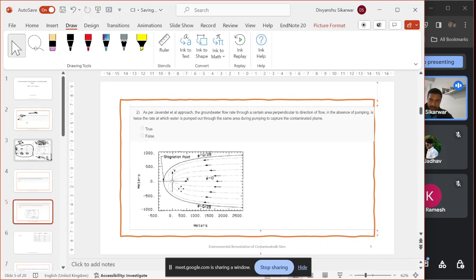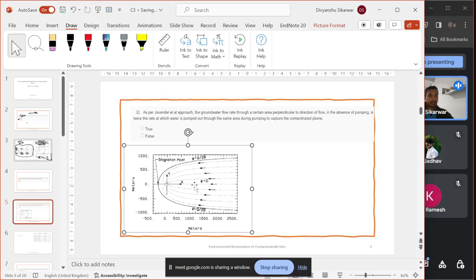So this is basically, if we are seeing the well from the top, so this is the well and this is the influence zone of the well.